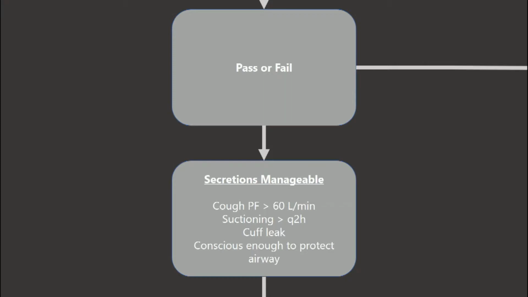Second, by checking their cough peak flow. And a peak flow of greater than 60 liters per minute is associated with a strong cough. Patients who are suctioning more frequently than every 2 hours probably have way too many secretions and will not be able to manage their secretions on their own. And then finally, they need to be conscious enough in order to protect their airway.